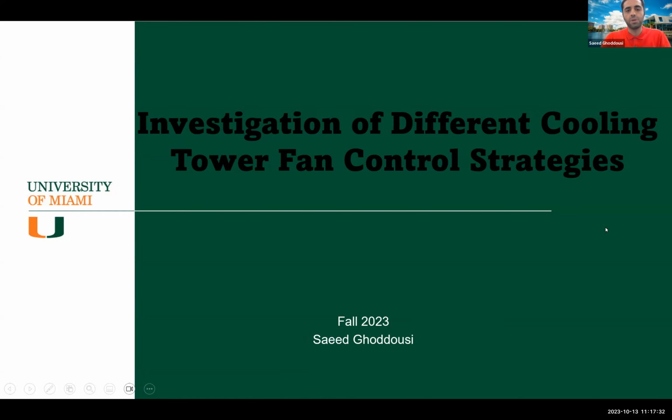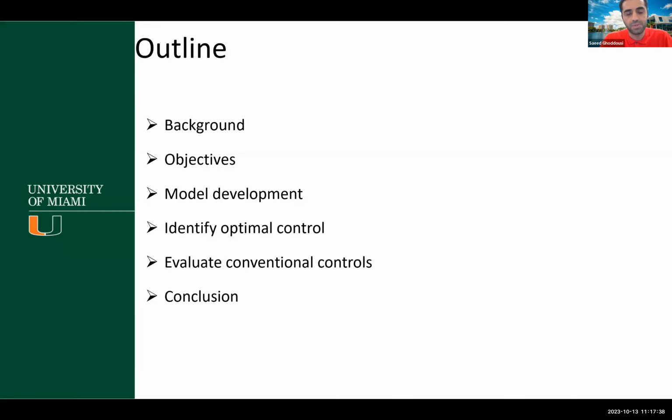My presentation will be about the investigation of different cooling tower fan control strategies, and I will go through it with the following outline. Because what we are doing in our group is a little bit far from other graduate students here, I will try to provide more background first.